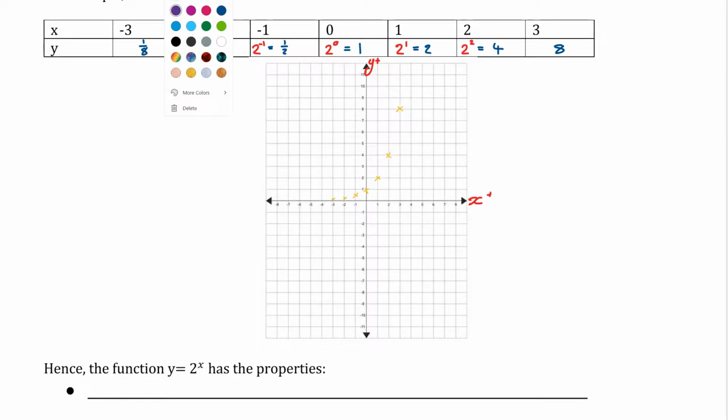So, getting my very thin purple pen here, if I draw a curve that passes through all of these points, notice the shape that it is carving out.